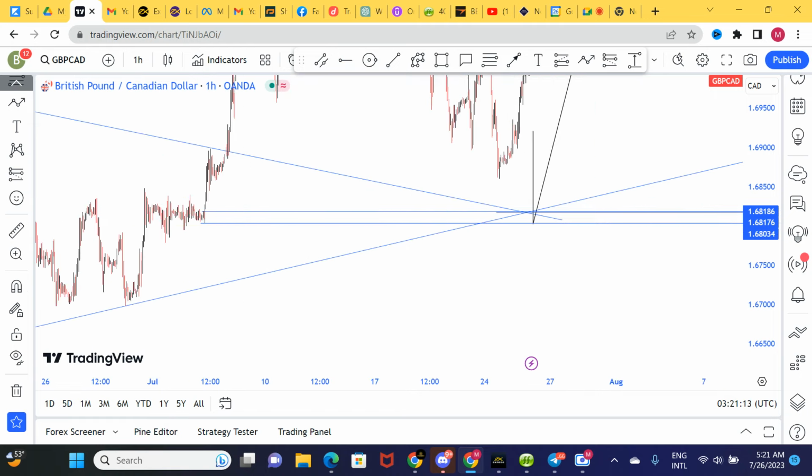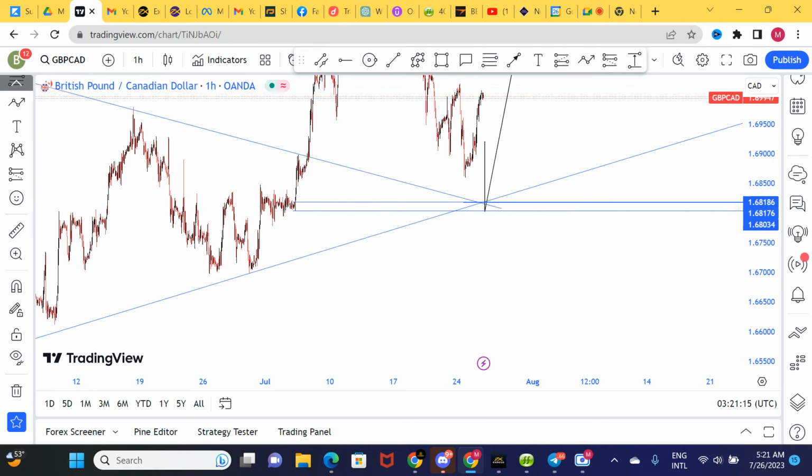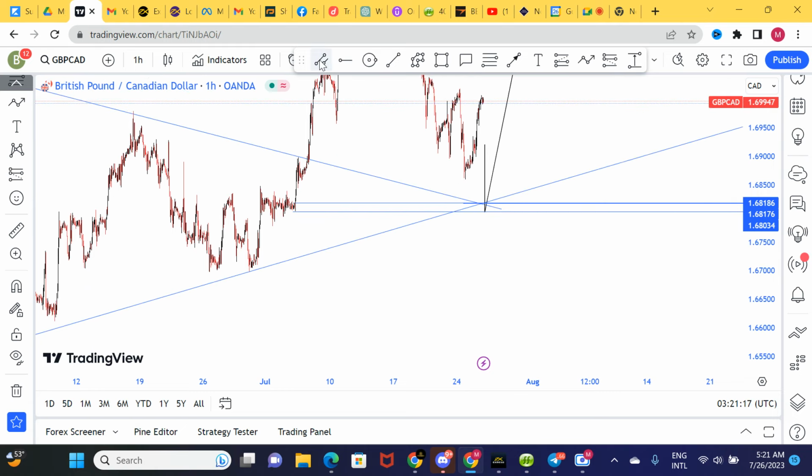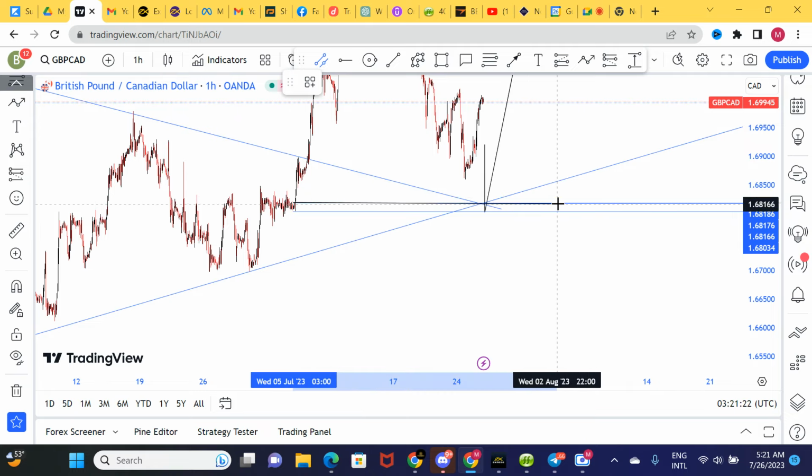All right. So I was just picking up an IFC. So this is a zone of entry. This is where I will be entering from.